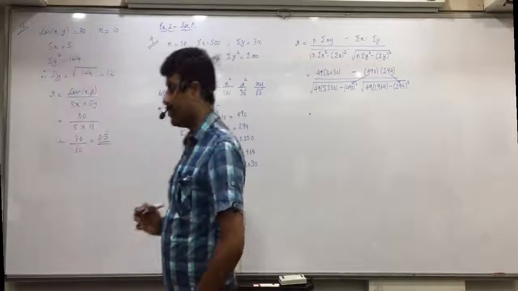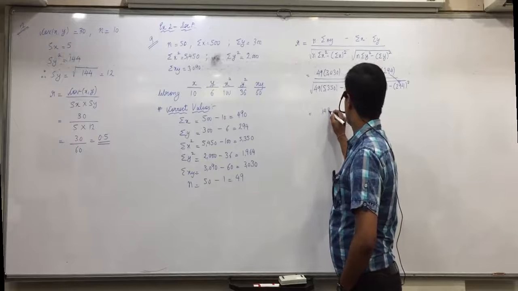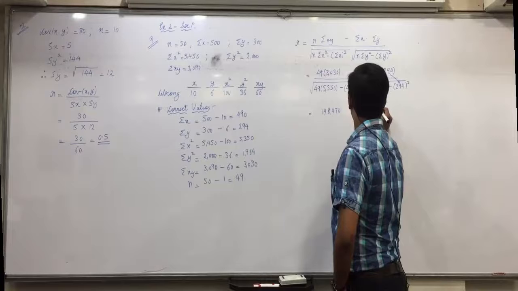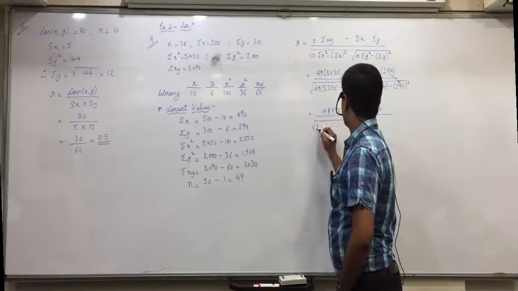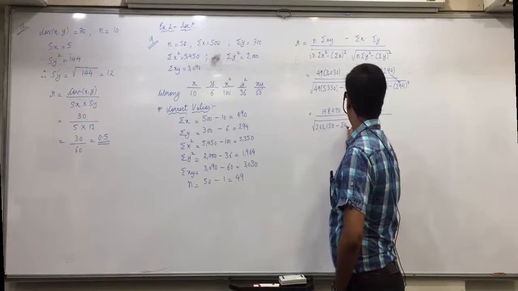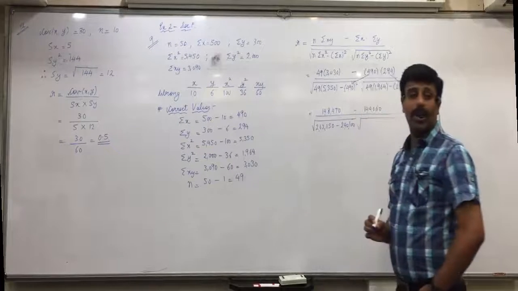Then Hirva, 148470 minus 144060, upon under root of 262150 minus 240100 into under root of 96236 minus 86436. Stop talking.